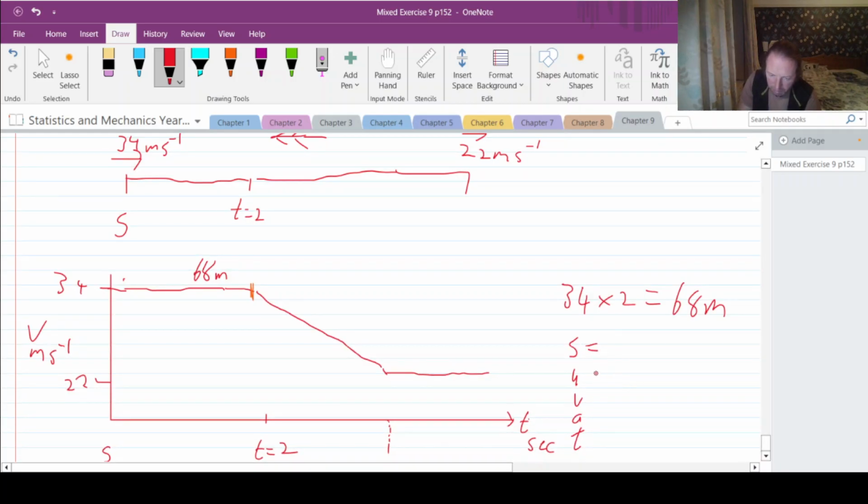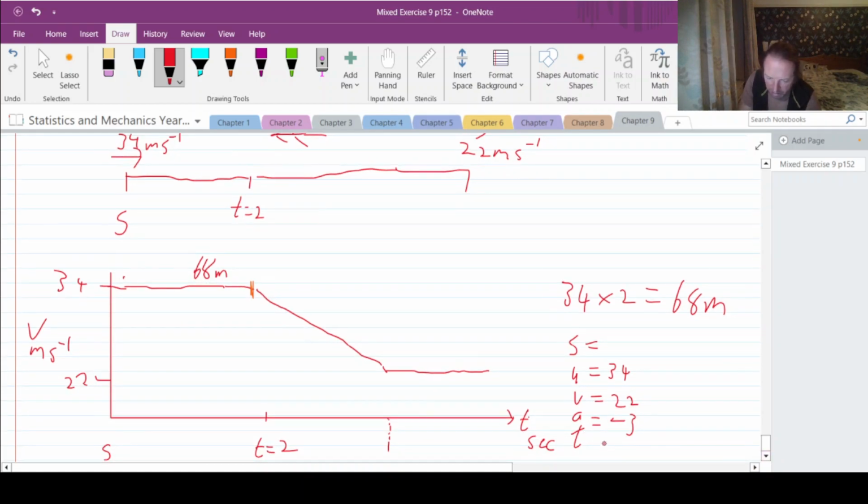We don't know the distance. The initial speed was 34. The final speed was 22. The acceleration was -3. And the time we are not sure of. So we are looking for the equation that has no t in it.